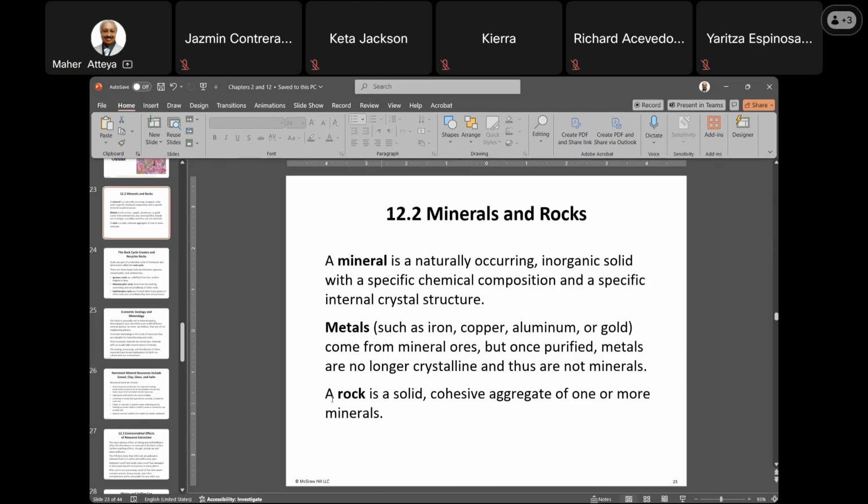So the rock is nothing less than a combination of several minerals compressed together over time through environmental heat and pressure. They compressed together and came to be a rock. But they are nothing less than just minerals compressed together.